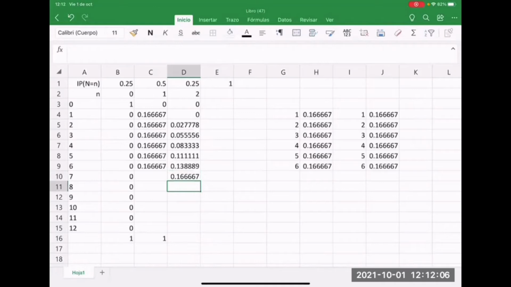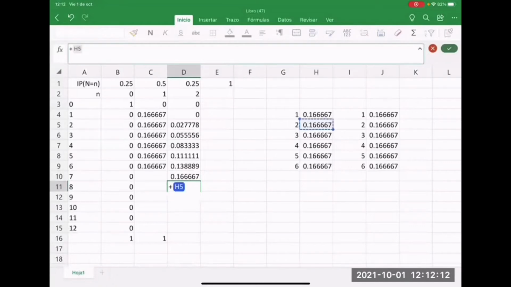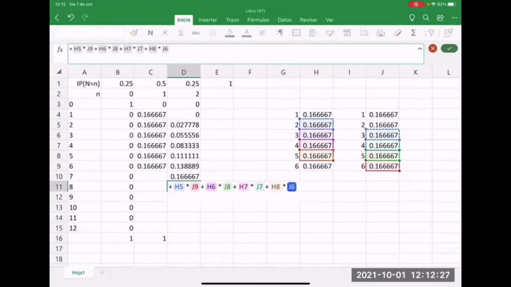For instance, you can get also the 8. So how do we get an 8? Well, you can get a 2 and afterwards a 6, or a 3 and a 5, or a 4 and a 4, or a 5 and a 3, or a 6 and afterwards a 2.